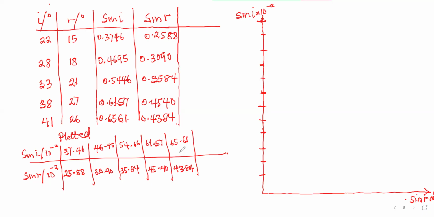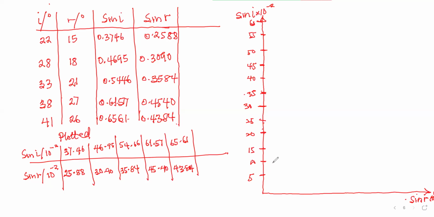Are you okay? Supposing I'm going 5, 5. So this is 5, 10, 15, 20, 25, 30, 35, 40, 45, 50, 55, 60.